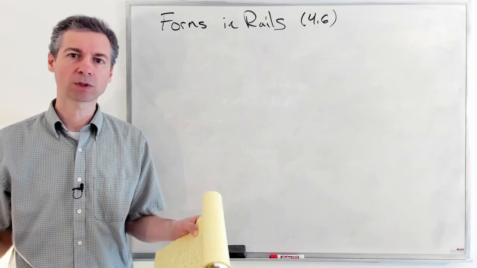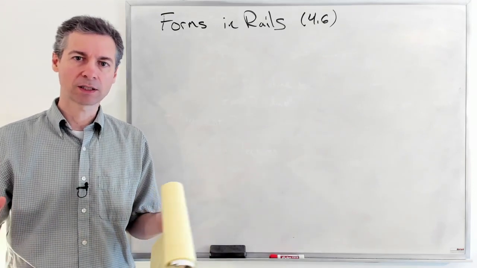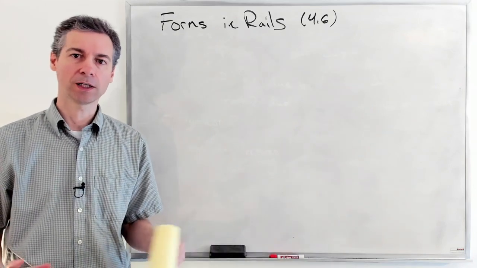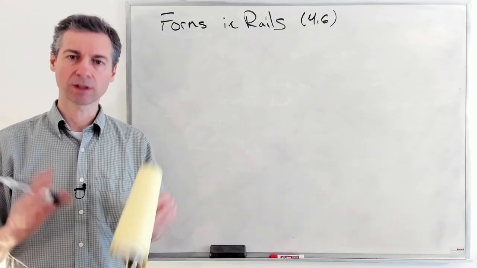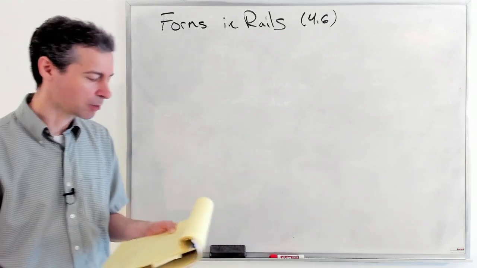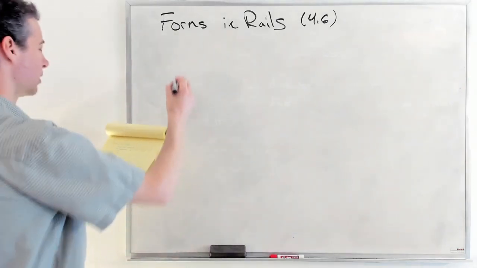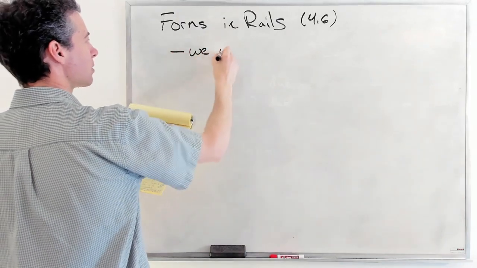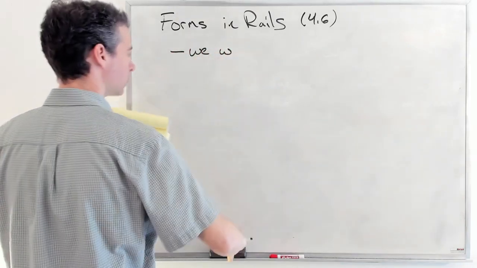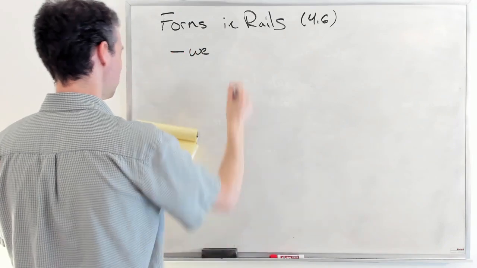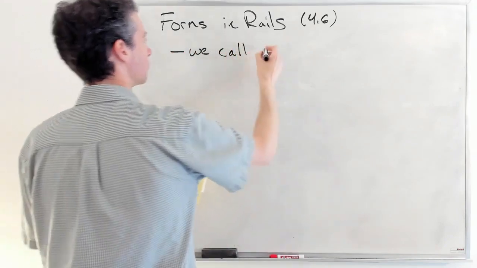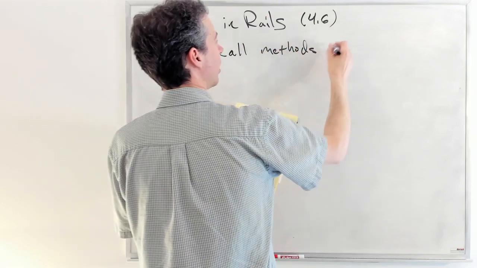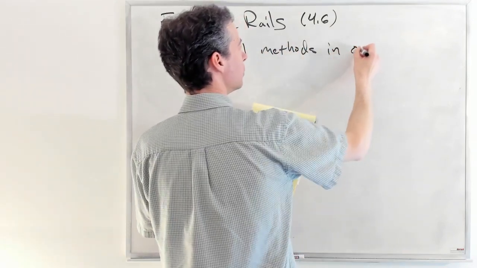What I've tried to do in the course is sort of guide you in this path so that you don't feel like you have to read everything, so that we can actually get things done with it in a sort of focused manner. But anyway, let's talk about these forms in Rails. One of the big ideas here is that we're going to call methods in our views.